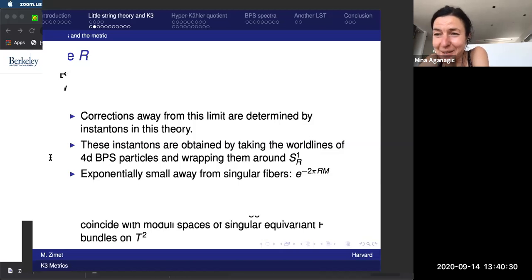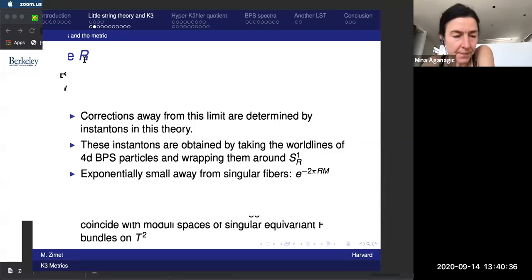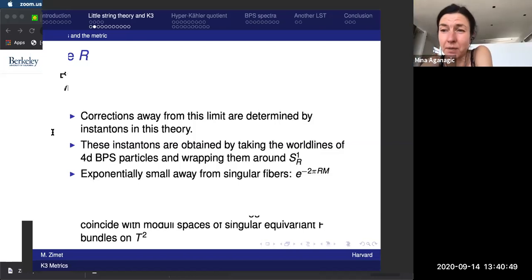Which limit? Oh, the limit is R goes to infinity. And remind me, R to infinity does what to the fiber? It shrinks it, right? Okay, yeah. So now we have a finite size fiber of area 1 over R, right? Exactly.